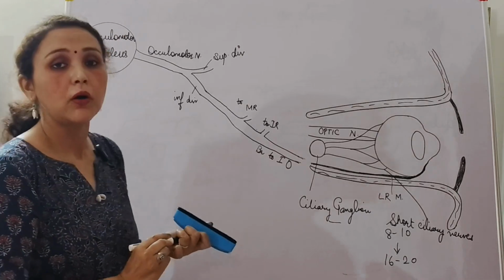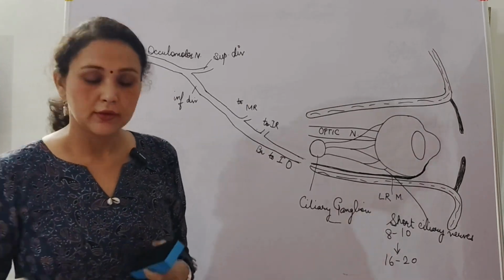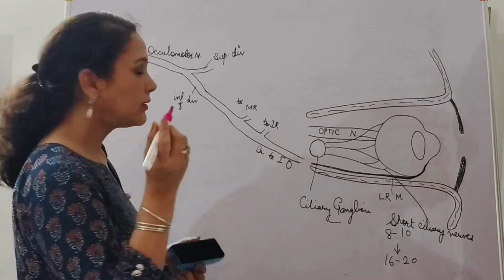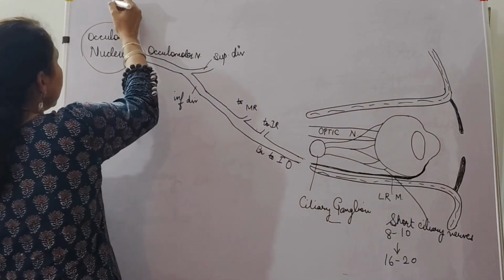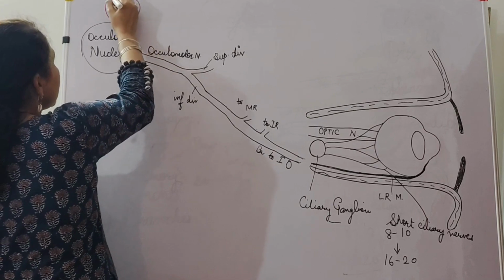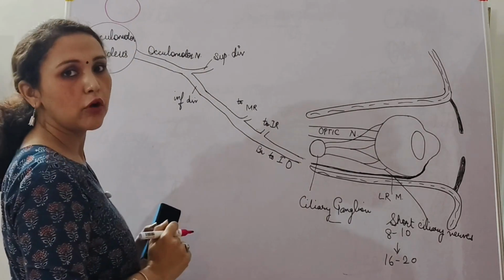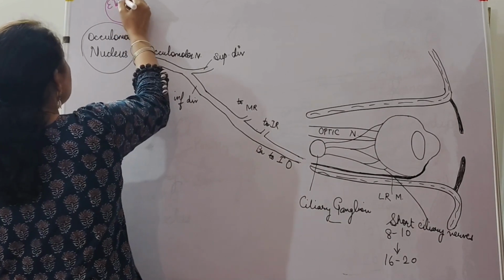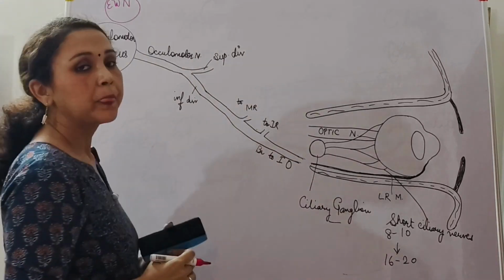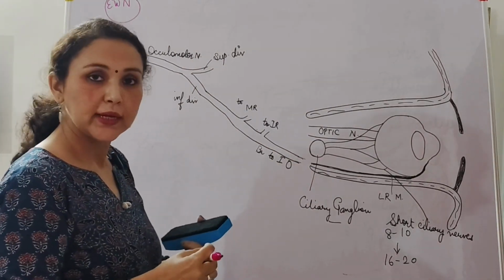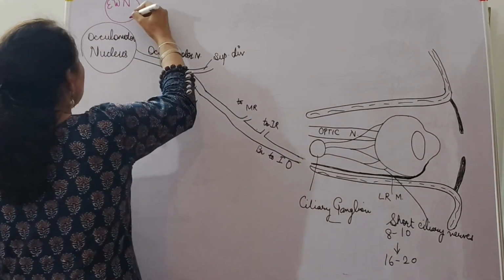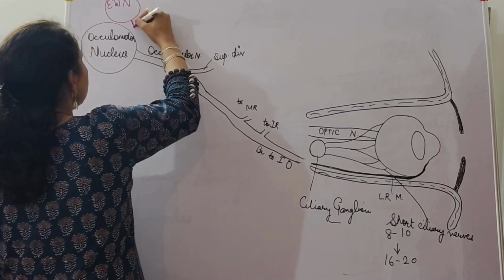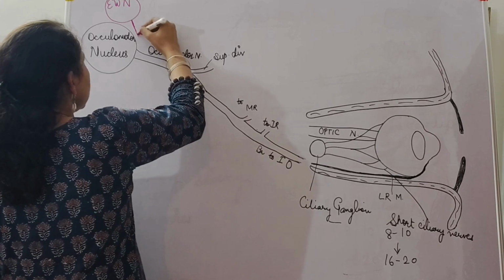Now we need to draw the parasympathetic root. For this we can use any color. So the parasympathetic root starts from a nucleus that is closely associated with the oculomotor nucleus, that is called the Edinger-Westphal nucleus. Now the fibers will start from the Edinger-Westphal nucleus.